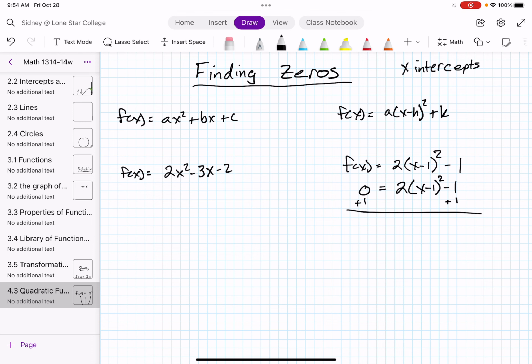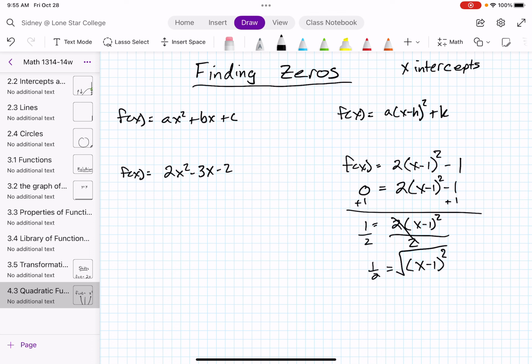Add 1 to both sides, and I have 1 equals 2 times x minus 1 squared. Divide both sides by 2, and you get 1/2 is equal to x minus 1 squared.